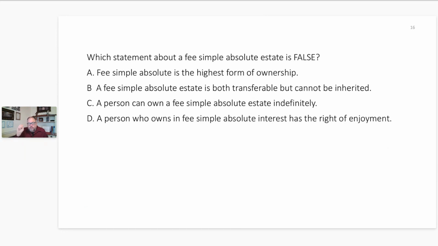I'm looking for one false and three true answers. I kind of cage myself in what I'm looking for. So as I'm reading each answer and turning it into a question, I'm looking for three true and one false. And the one false obviously is my answer. So saying that, go ahead and make an attempt at it. Which statement about a fee simple absolute estate is false?